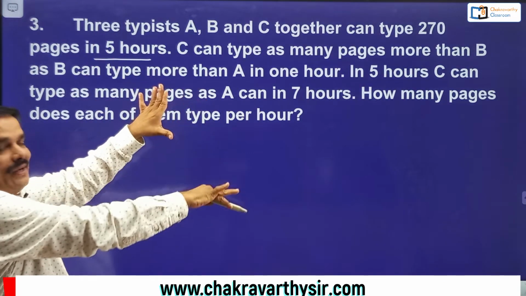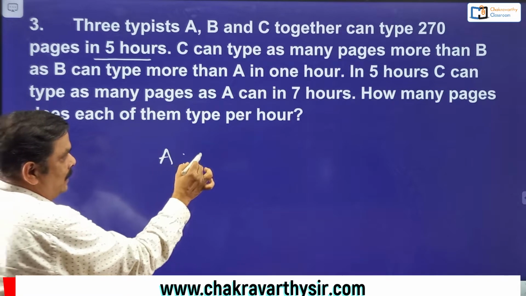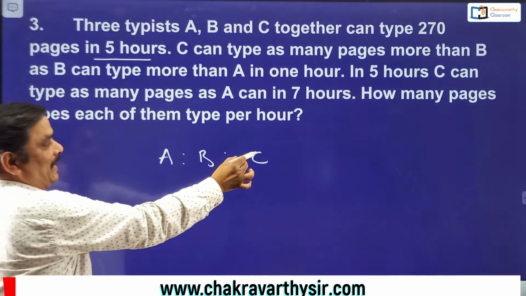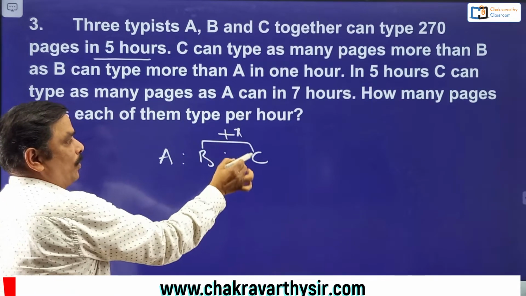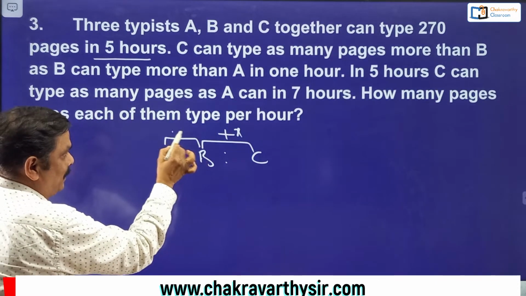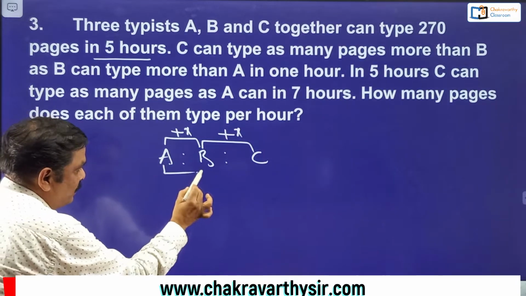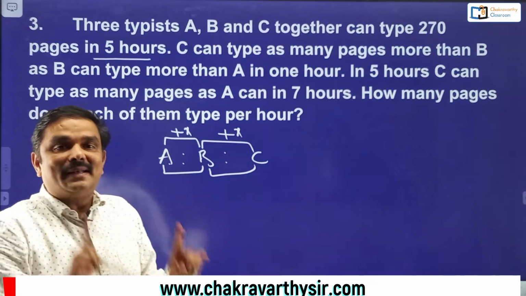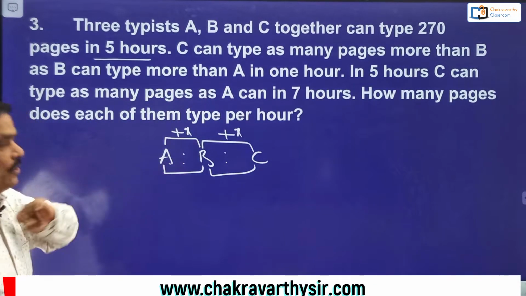Actually, we have to take it later, but for your understanding, suppose you take A is to B is to C. C can type as many pages more than B as B can type as many pages more than A. That means the difference between A and B and the difference between B and C is the same. Got the clarity? This is the comparison they have given.